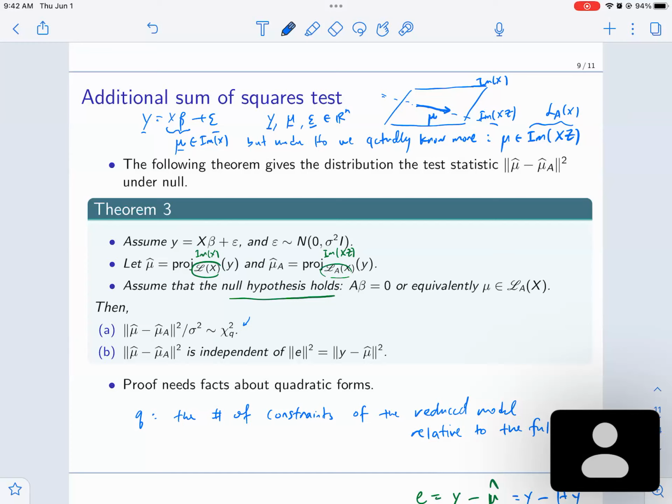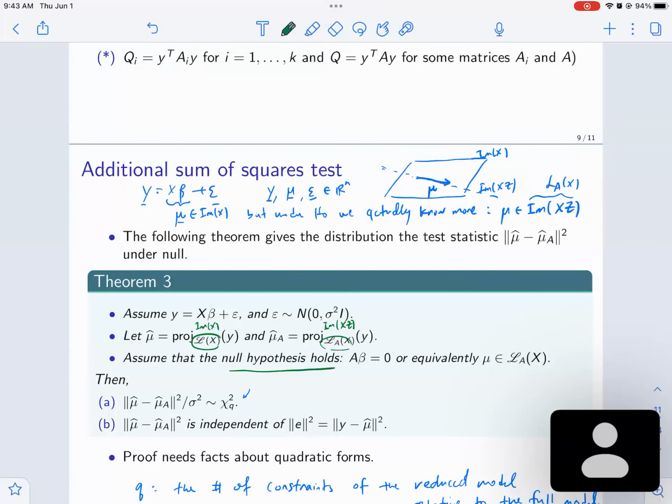So the key is this: under the null, this happens, and because this happens, let's call this fact star. Because of fact star, what happens is when I form the residual E_A, which is going to be I minus H_A, the projection matrix in the reduced model.